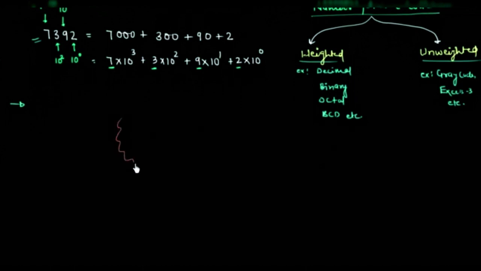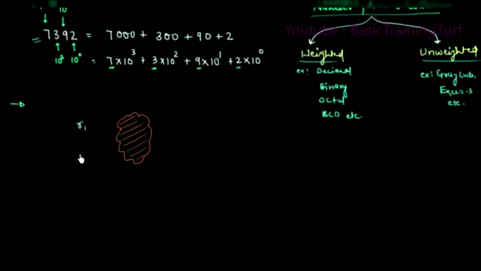Let's say there is a quantity. We are representing this quantity in a number system with base R1. R1 is the base of the number system, and let's say capital N1 is the total number of digits required to represent this quantity in this number system.